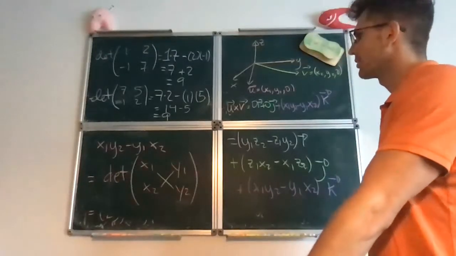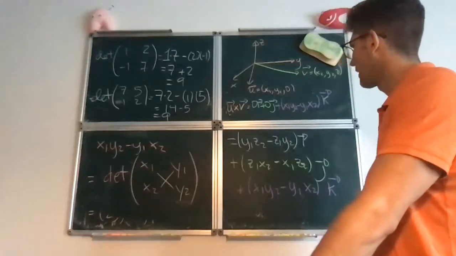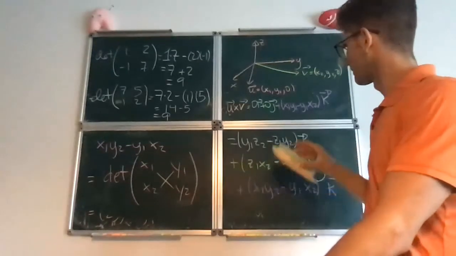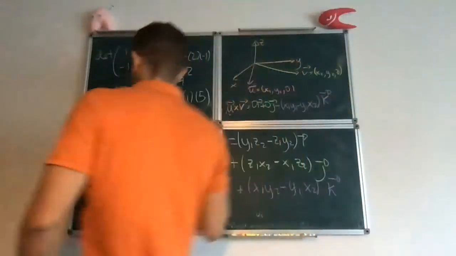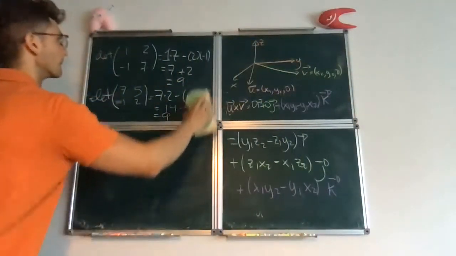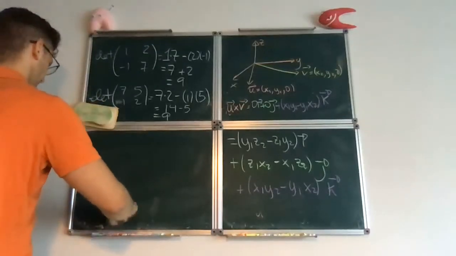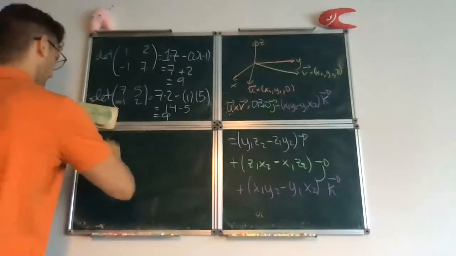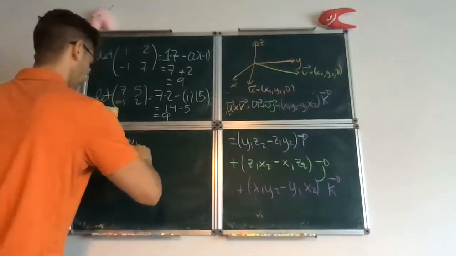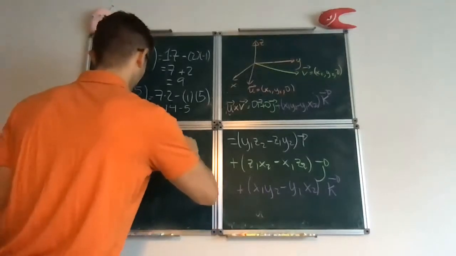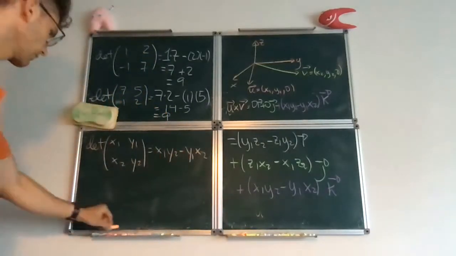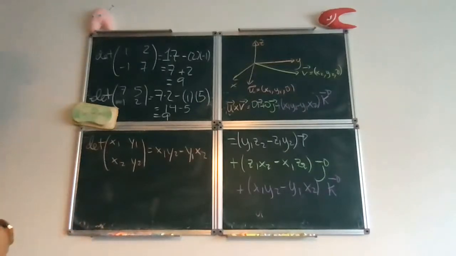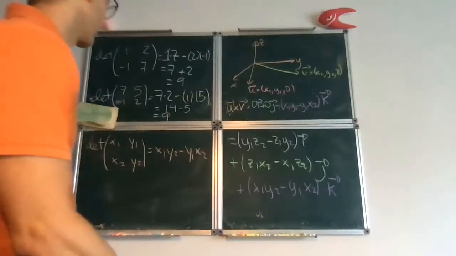Now, one way to think about the determinant of a 2 by 2 matrix, again, is that remember that the norm of the cross product was the area of the parallelogram, right?